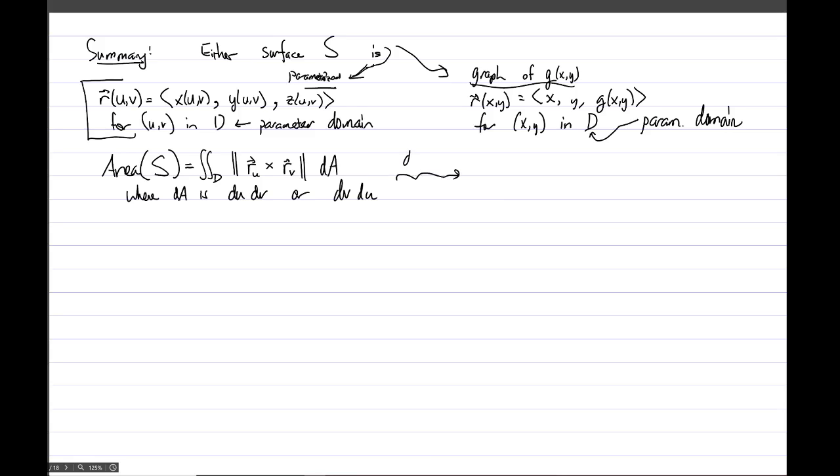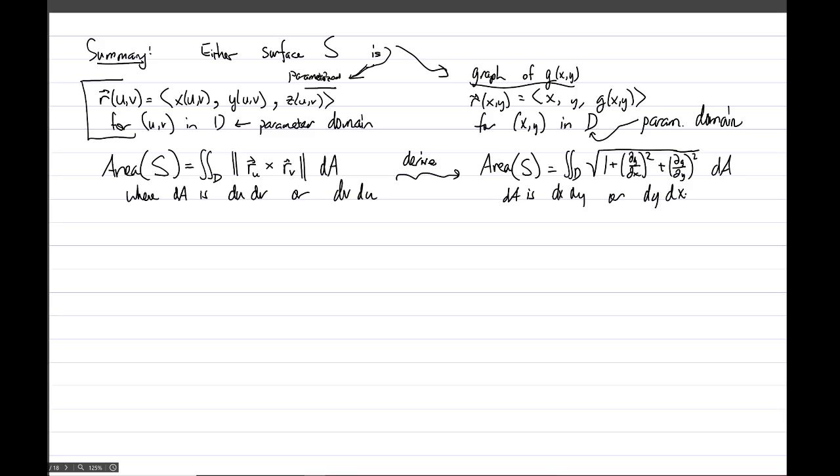From here we derived, and I don't mean differentiated, I just mean we obtained, we proved rather, that there's a special case where the area of the surface S looks real similar because it came from over here, and it's the double integral over the parameter domain D of root 1 plus partial derivative of g with respect to x squared plus partial derivative of g with respect to y, quantity squared, dA, where now dA is either dx dy or dy dx, or if you get a little more fancy, perhaps even an r dr d theta, but let's not go there.